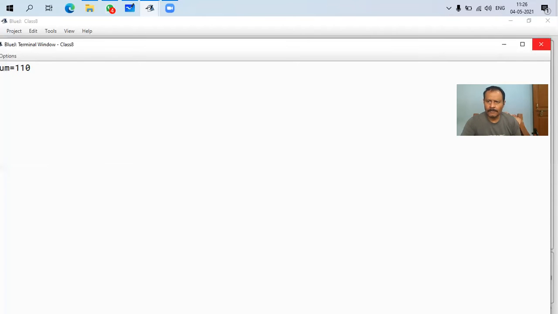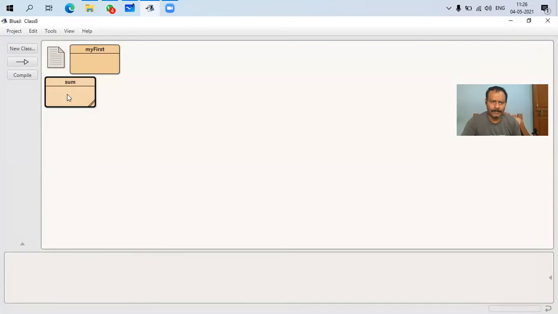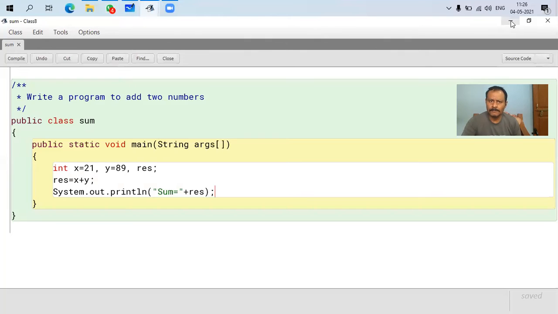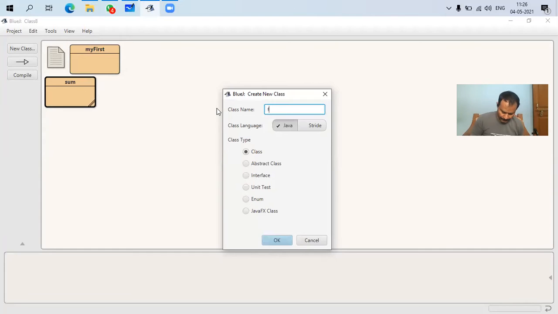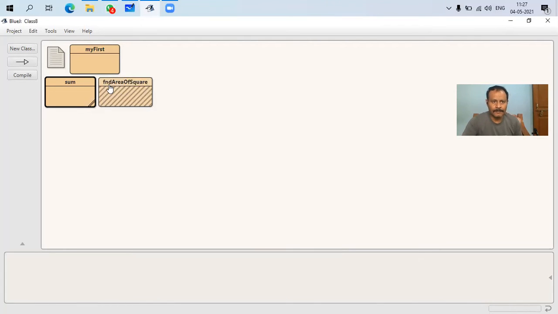So now let us do some further calculation. Let us make a program to find the area. Find the area of a square. You can see I had named it FindAreaOfSquare.